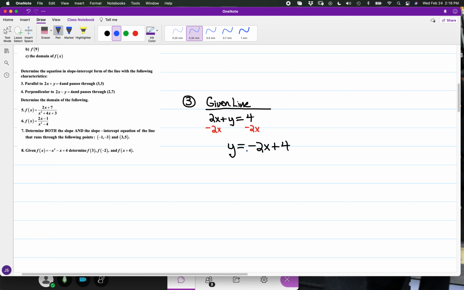We now have the value of the slope: m is equal to negative 2.